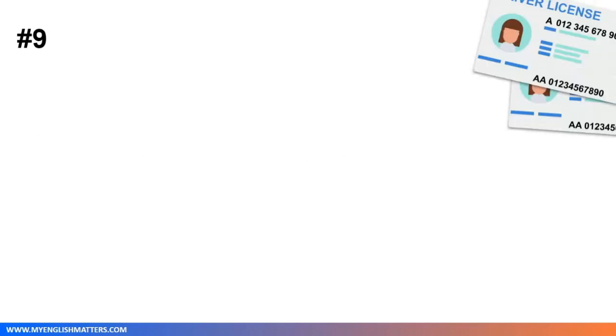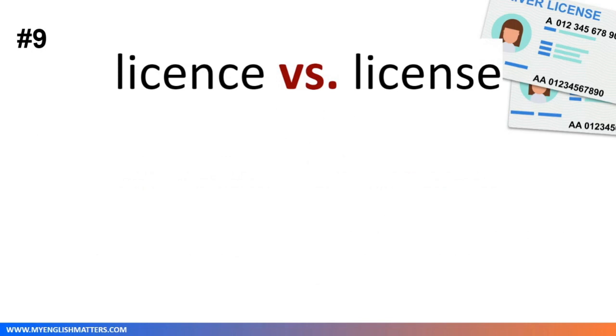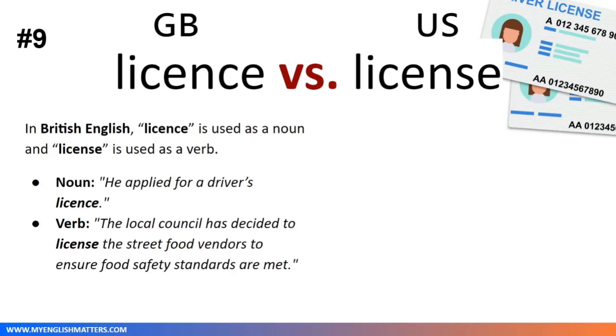All right, now this word is also quite confusing, license. Let's take a look at this word, explore it a little bit more. So in British English, licence is used as a noun, and license with an S is used as a verb.